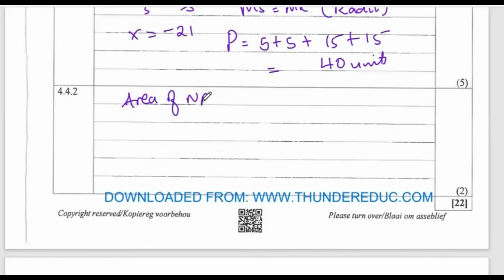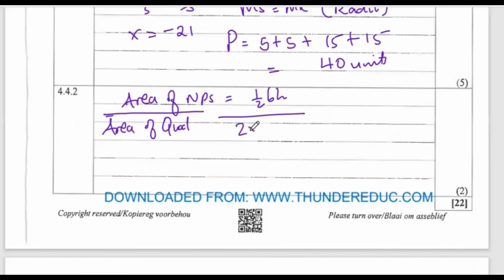All right, so what I'm going to say, area of NPS is going to be a half base height. And that's it over the area of the quad, which is also 2 times a half times base height. Let me call this height 1. It's the same base, not a problem.